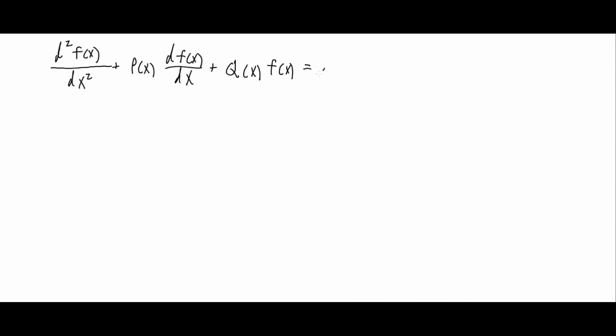And so if we take our general differential equation here, the second derivative of our function with respect to x plus p of x times the first derivative of our function of x with respect to x plus q of x times our function of x equals 0. Now I want to show how to do a second order ordinary differential equation using power series.